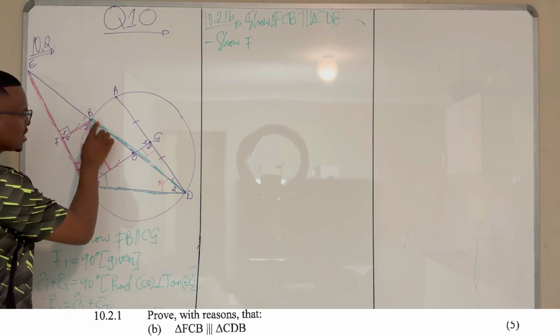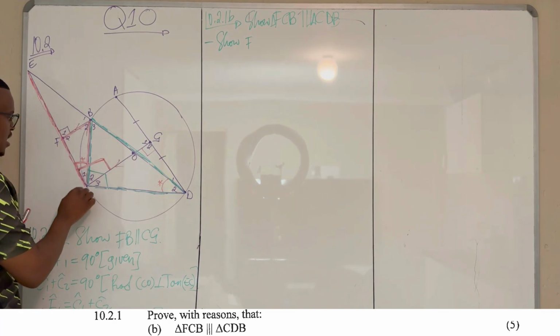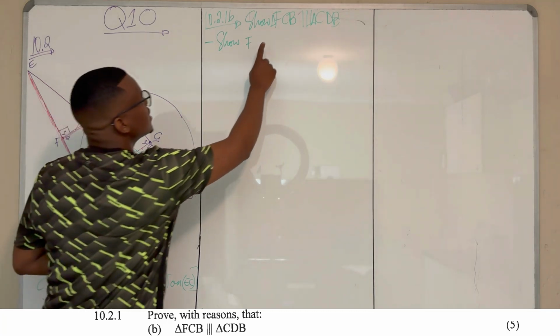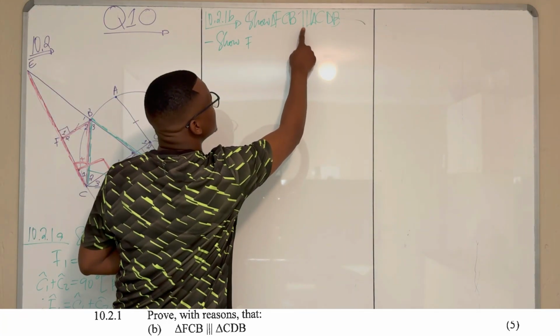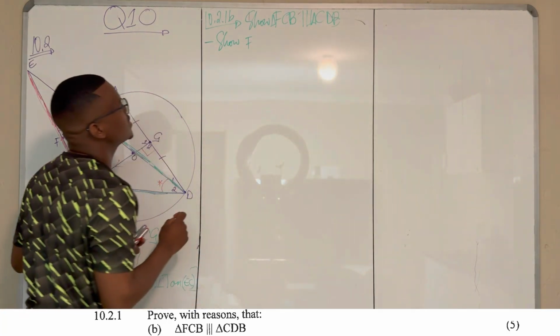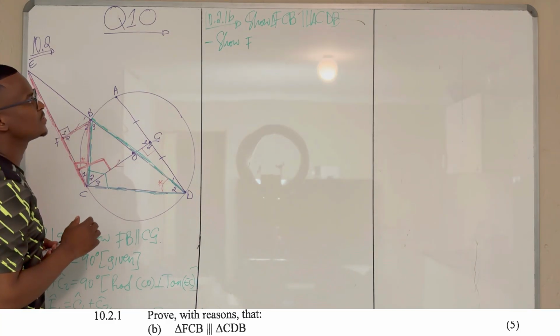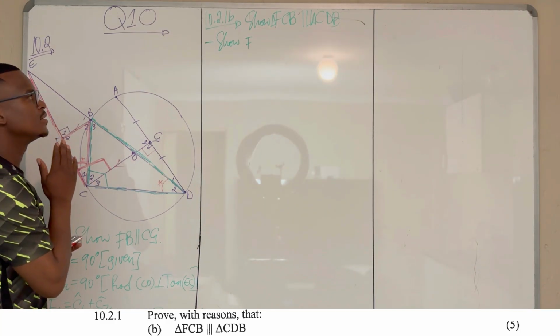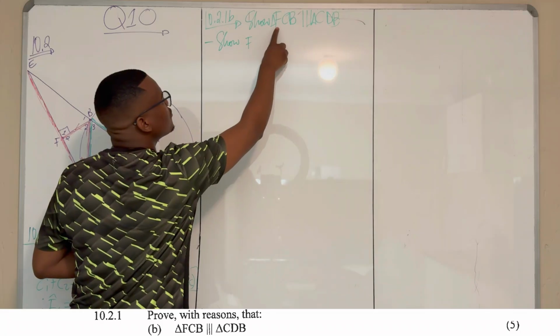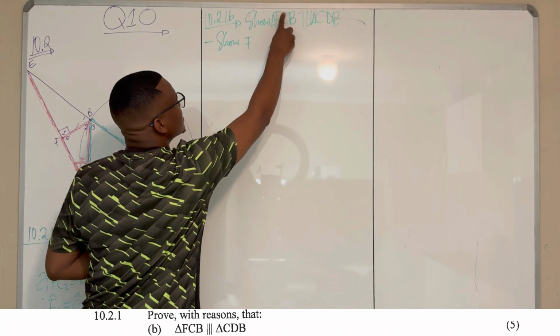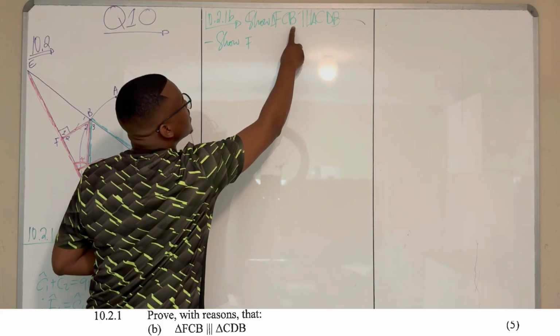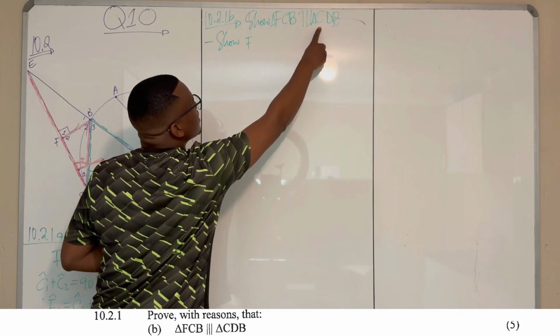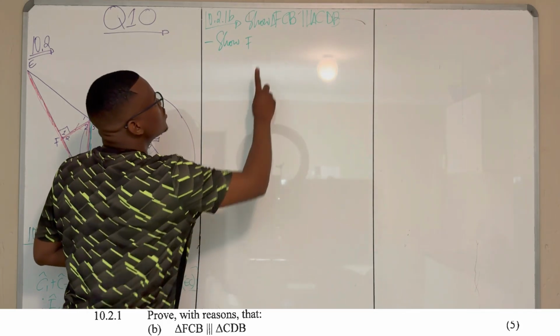So you're looking at this green triangle over here and this red triangle over here. So if you're saying triangle FCB is similar to triangle CDB, you can show that angle F of triangle FCB is equal to angle C of triangle CDB.